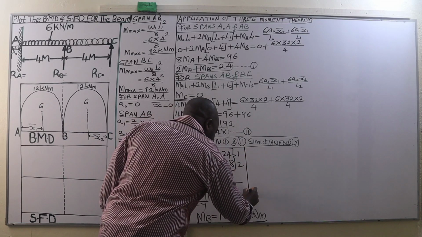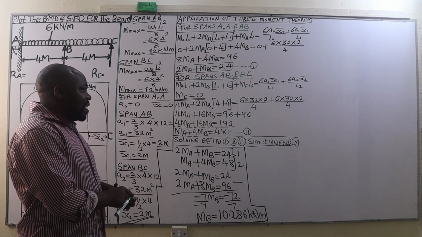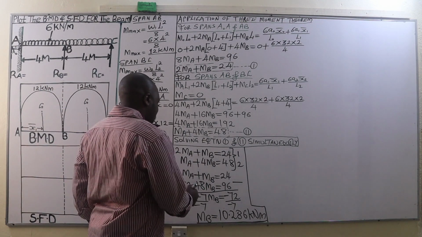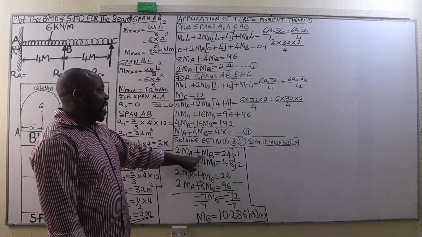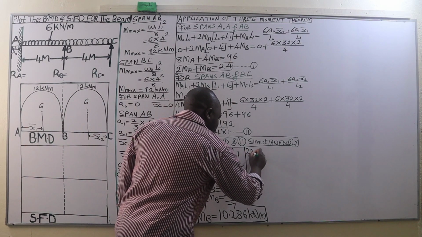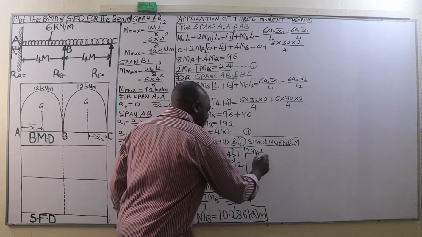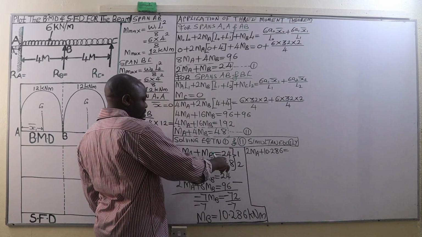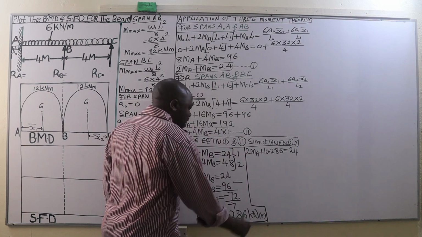Good. From there, we are now going to calculate the bending moment at A. In this case, we are going to use the first equation, which states that 2MA plus MB is equal to 24. So we are going to substitute the value of MB at this point. 2MA plus 10.286 is equal to 24. We take 10.286 to the other side of the equal sign.